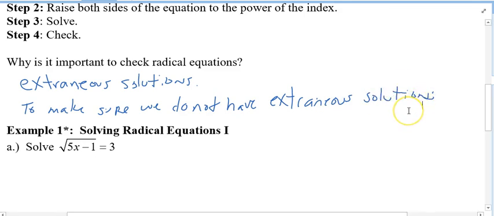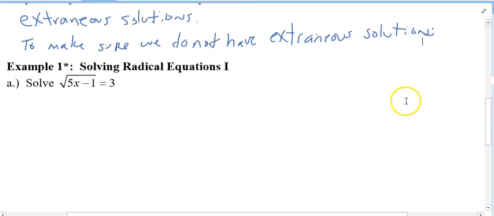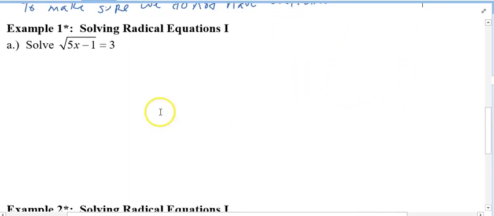Okay, so let's go ahead and solve one of these, show you how easy this is. So we'll start with this one. We've got the square root of 5x minus 1 equals 3. Well, if we notice, it's already isolated. We've got the square root on one side, and we've got the number on the other side. So now all we need to do is take both sides to the power of the index. That index is not visible to us, so we know that that index is a 2.